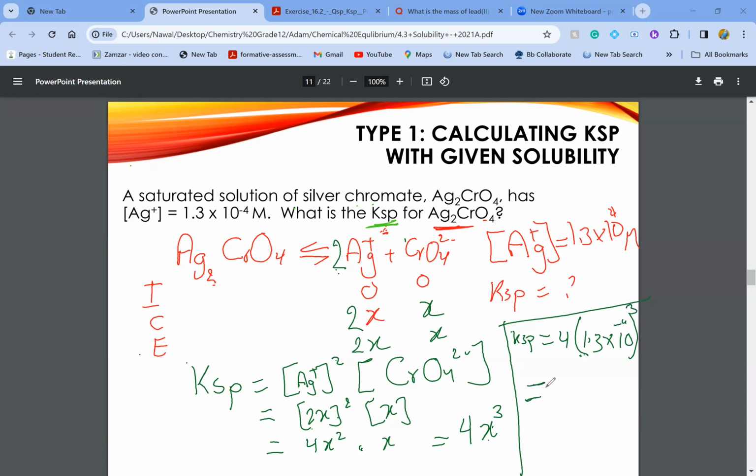The 4 is 4, nothing to change in it. For 1.3, I will go to my calculator and say 1.3 times 1.3 times 1.3. And the 10 to the power minus 4, what happened? It's exponent by exponent, so you have to multiply it by itself 3 times. So you add minus 4 plus minus 4 plus minus 4, which is minus 12. Do you know how to calculate?